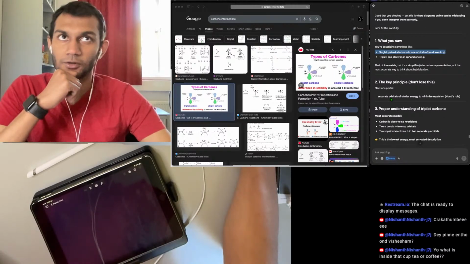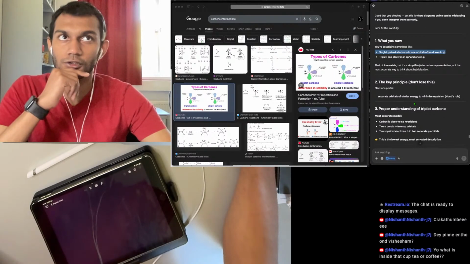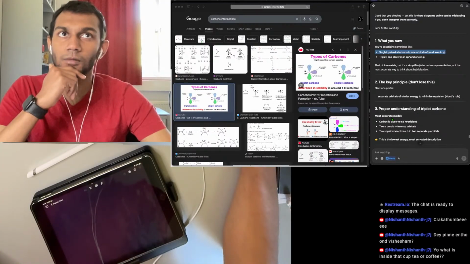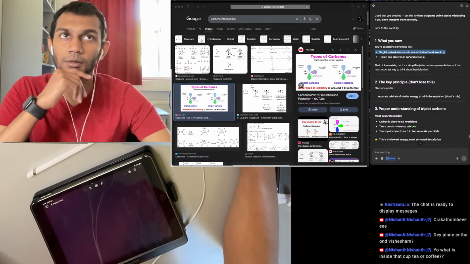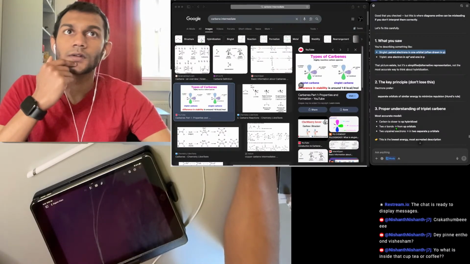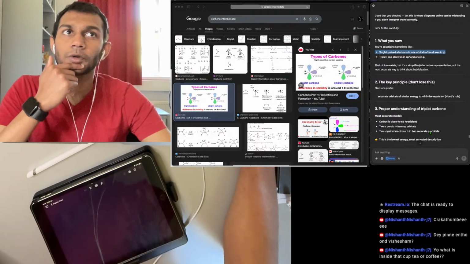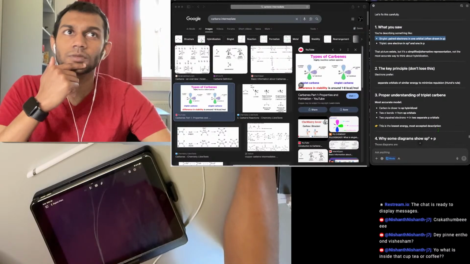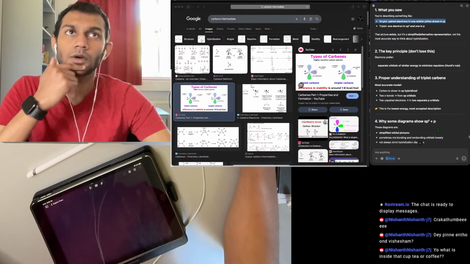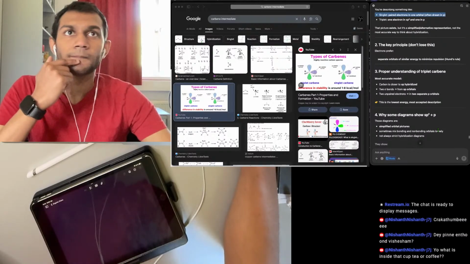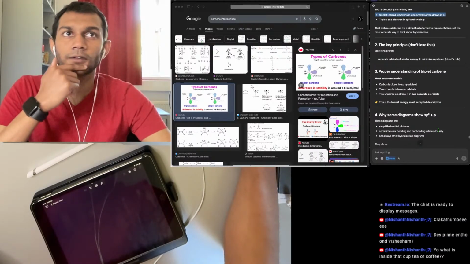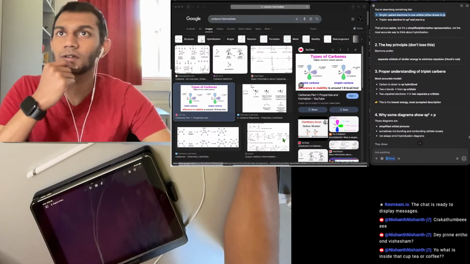Electrons prefer separate orbitals of similar energy to minimize repulsion. Proper understanding of the triplet carbene, most accurate model: carbon is closer to sp hybridization, 2 unpaired electrons and 2 separate p orbitals. This is the lowest energy, most accepted description. Why some diagrams show sp2-p? Those diagrams are simplified orbital pictures, sometimes mixed bonding.